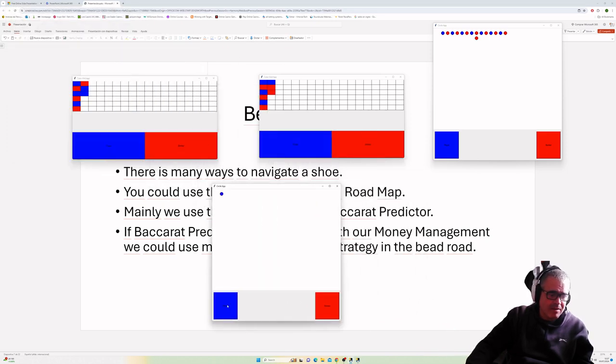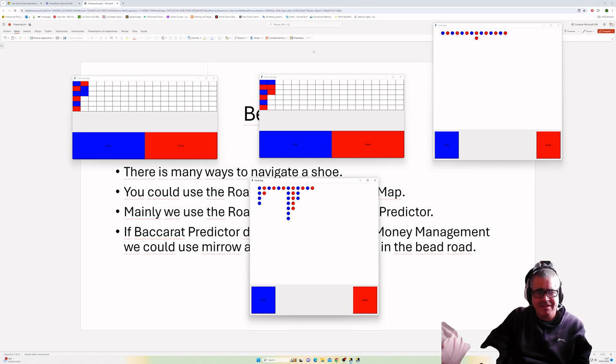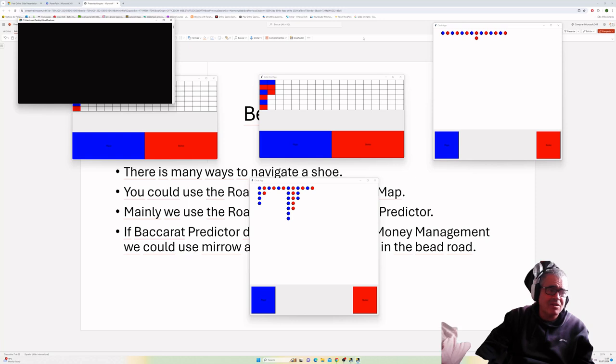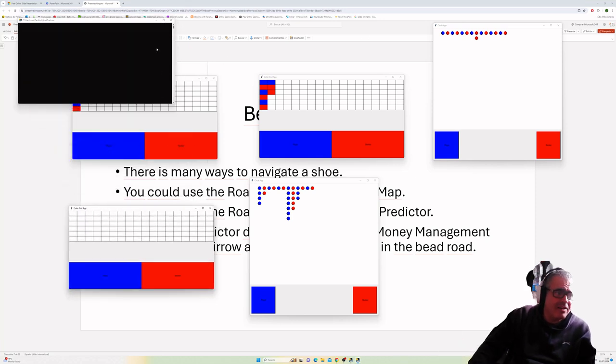I'll explain. If you put the results of this one over here in one of these bet roads, the strategy should work. Okay, I will do it here.